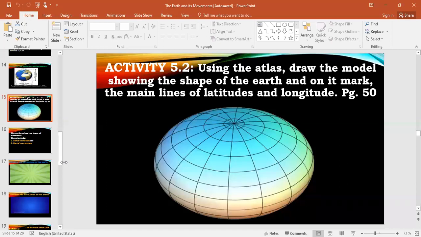But as we prepare, the question is: when we are drawing the Earth, are we to also draw the continents and the water bodies? Have they seen the continents here? Or have they seen the water bodies here?